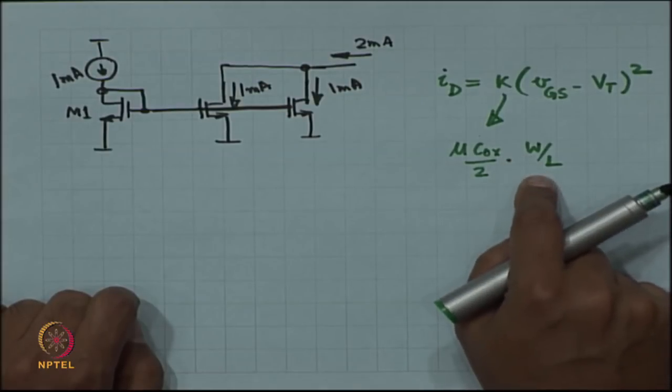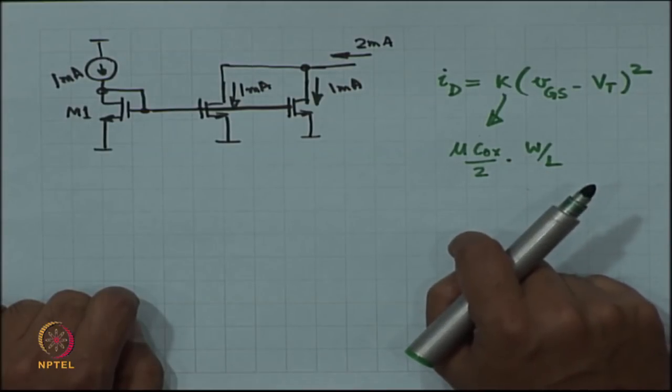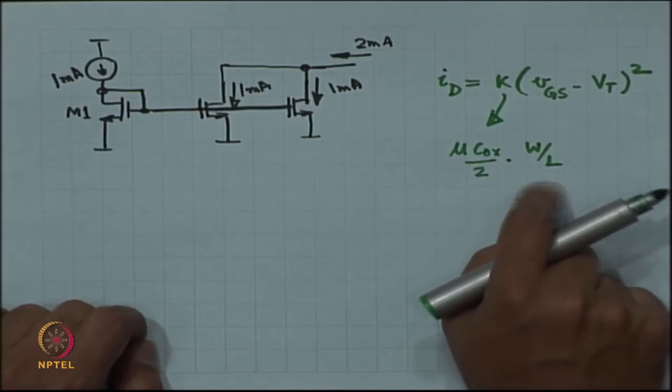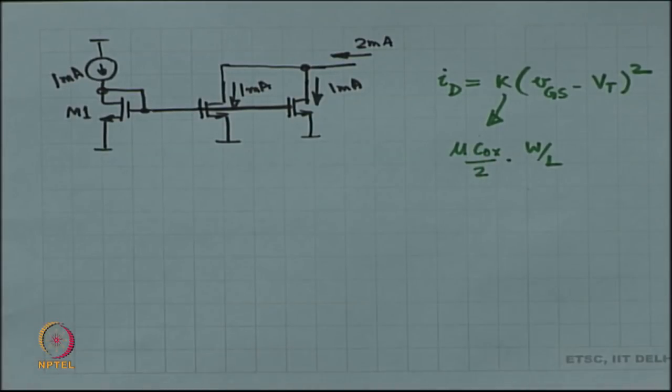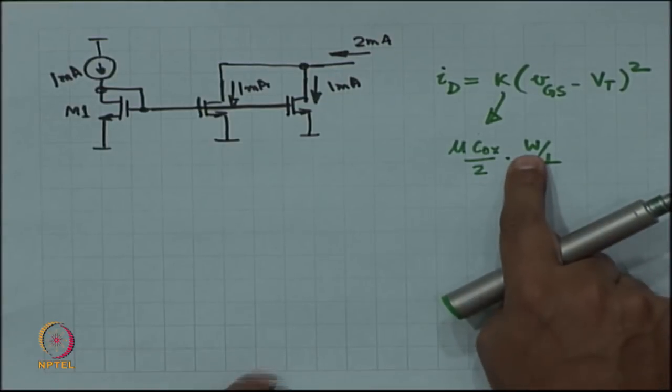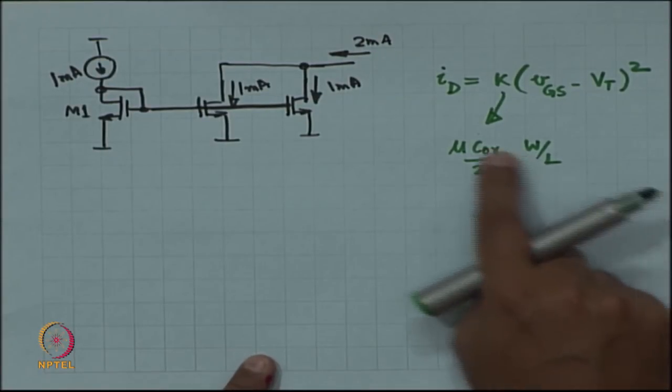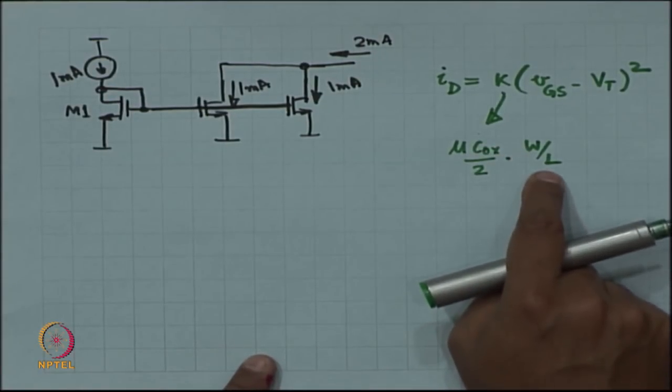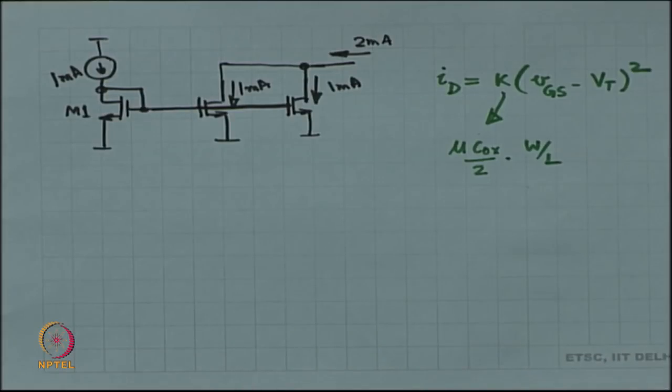And W and L, what are these? W and L are the width and the length of the MOSFET gate.